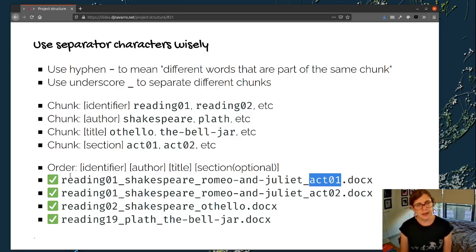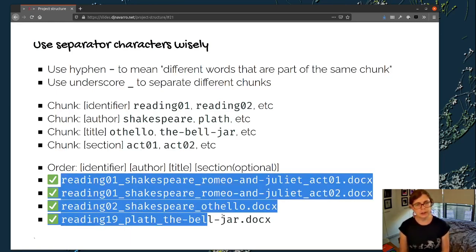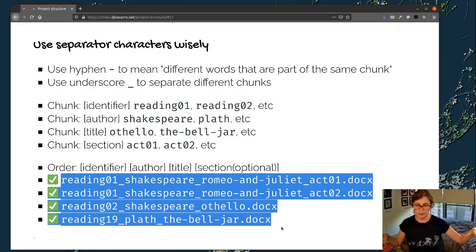So now you've got this systematic way of naming all of the files in such a way that you know that the first chunk is always going to tell you the reading number, the second chunk is always telling you the author, the third chunk is always telling you the title, and the fourth chunk, if it exists, is telling you which part.